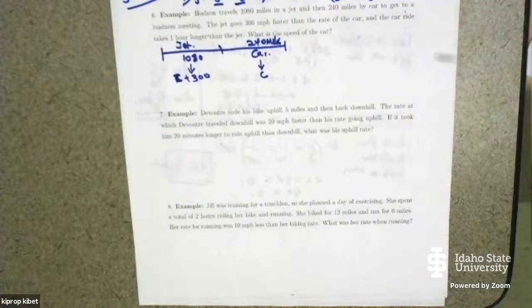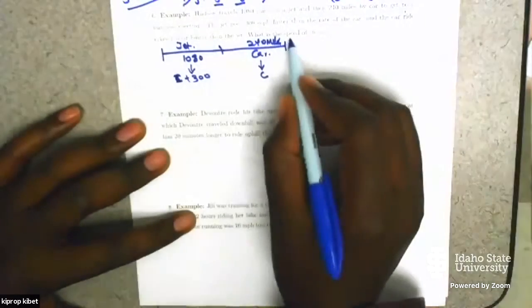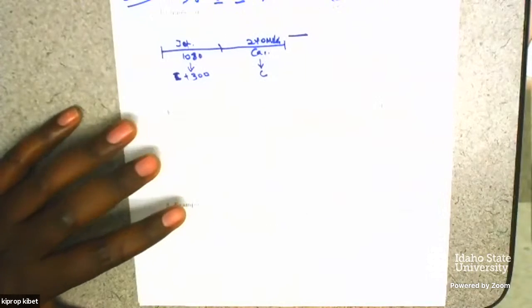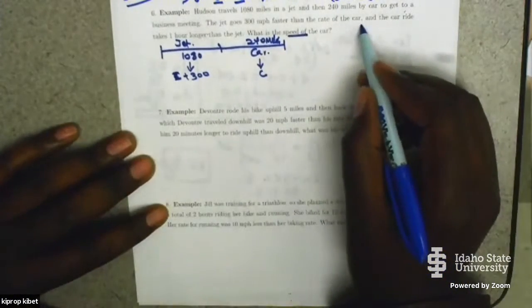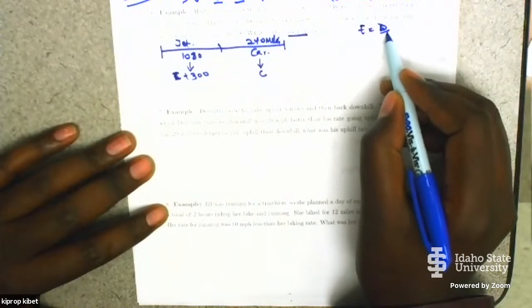So we solve the same way. In this case, we are trying to get the speed, and we are using the time. So time equals distance over speed.